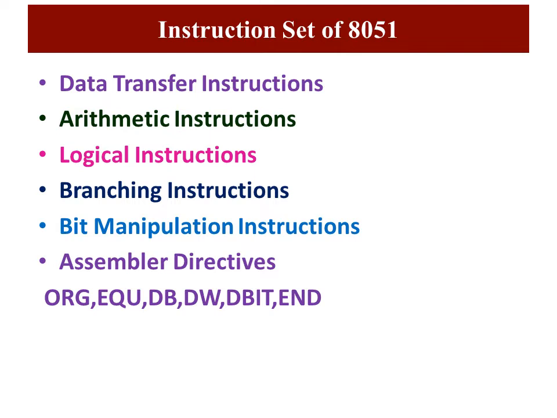Depending on the operation performed by the microprocessor, the instructions are classified into data transfer instructions, arithmetic instructions, logical instructions, branching instructions, bit manipulation instructions, and assembler directives. Assembler directives are not instructions, as we already know from the previous classes. We will see that also.